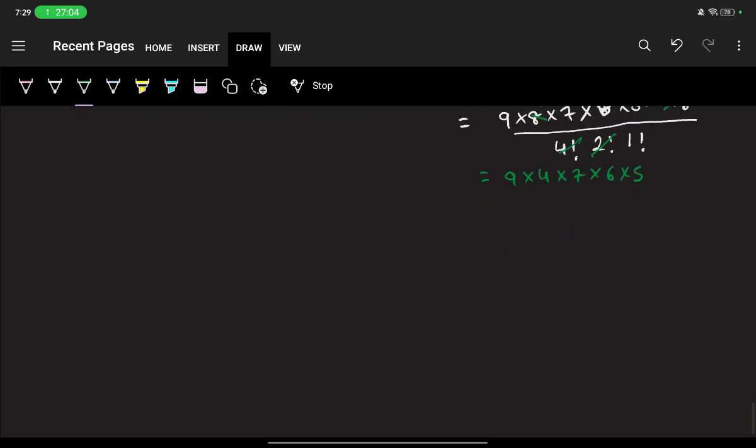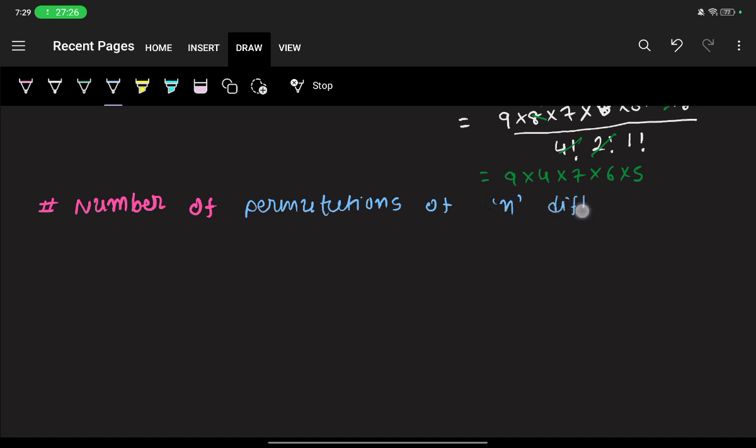Okay. Another important thing that I forgot to tell you. So please write this down: the number of permutations of n different things taken r at a time when repetition is allowed, okay?